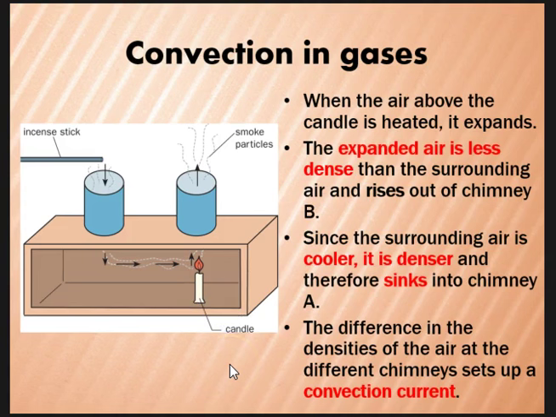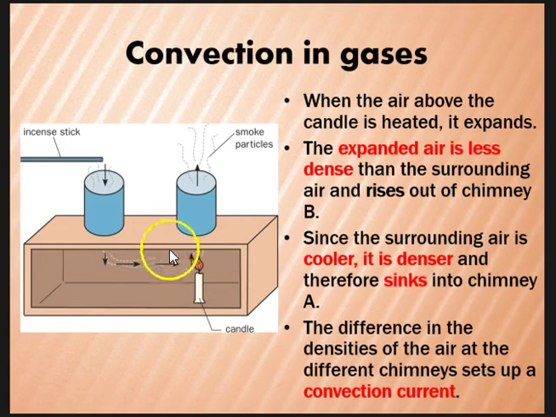Now, let's have a look at convection in gases. The idea is again similar to that of liquid. In short, hot gas, which is less dense, rises, and cooler air, which is denser, sinks, creating a convection current. So we just need to adjust the explanation to the given problem. In this particular case, the air above the candle gets heated and expands.